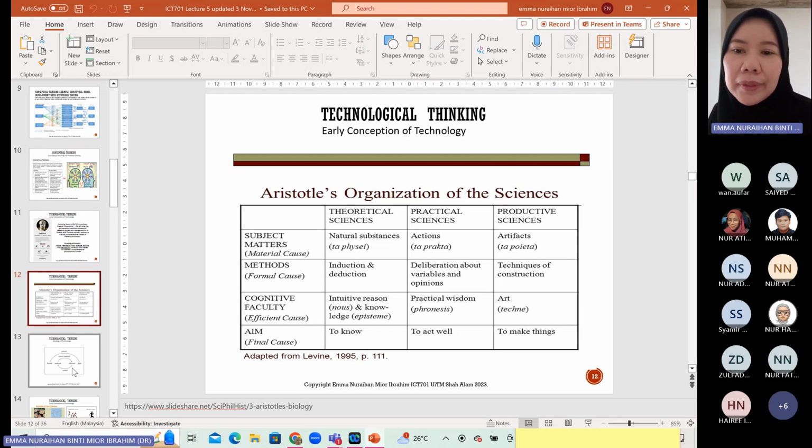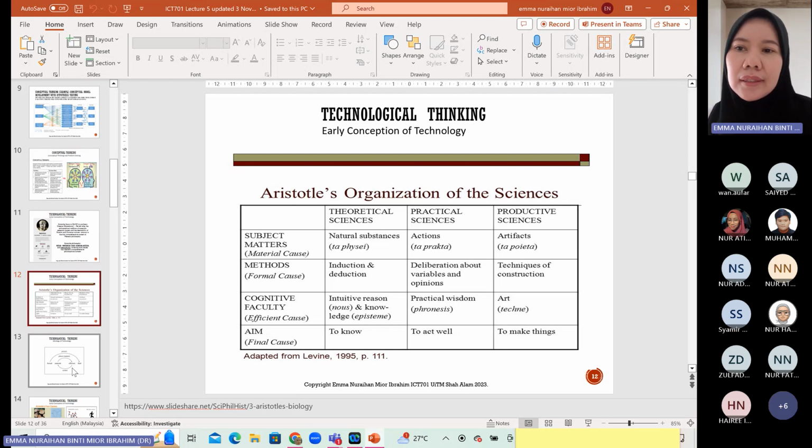Alright, so productive sciences, so art, maksud dia teknik. Alright, so aim adalah final cause. So theoretical science, final cause is to know how, which means we want to find out, okay, what is it? What are the solutions?